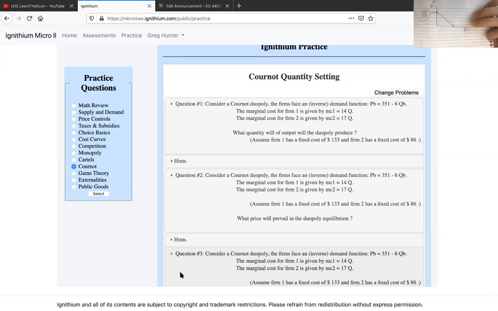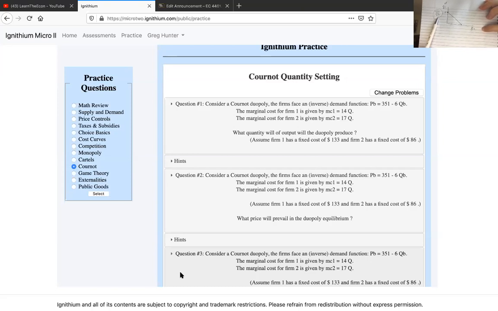So here I've got Q1 RF on the vertical axis and the amount that Q2 is producing on the horizontal axis, right? And notice if Q2 produces 0, then Q1 would produce that 351 divided by 26, right?